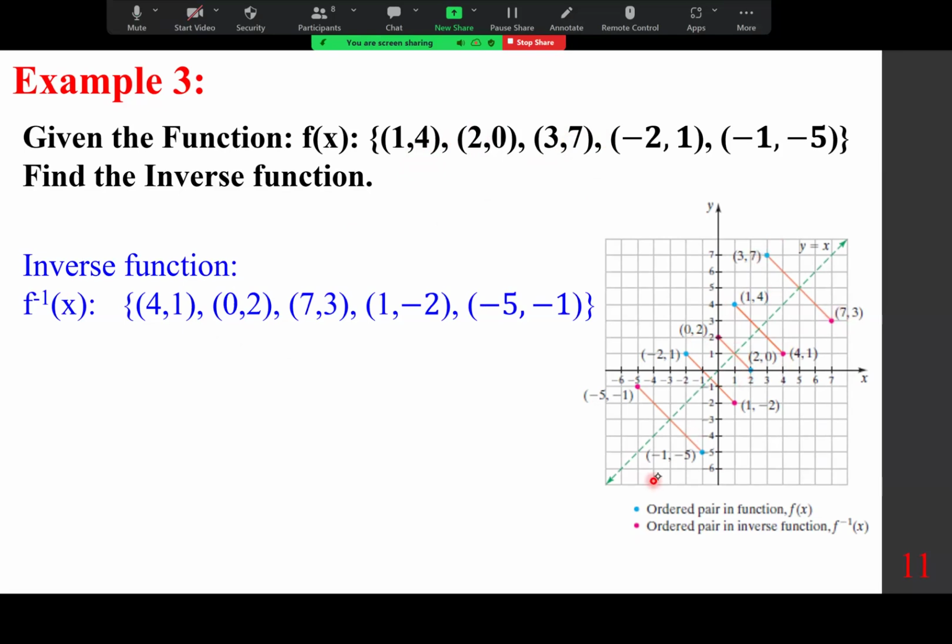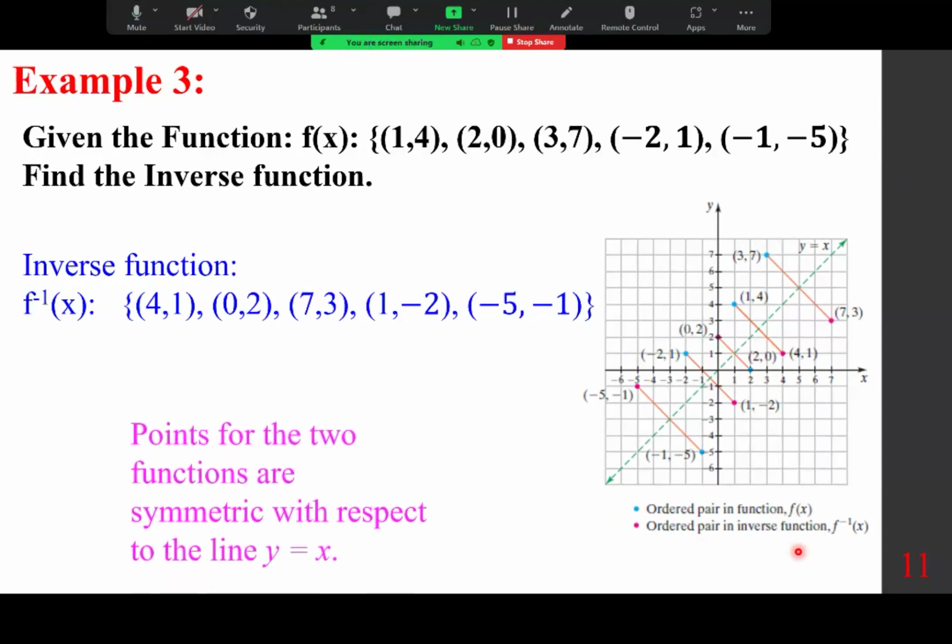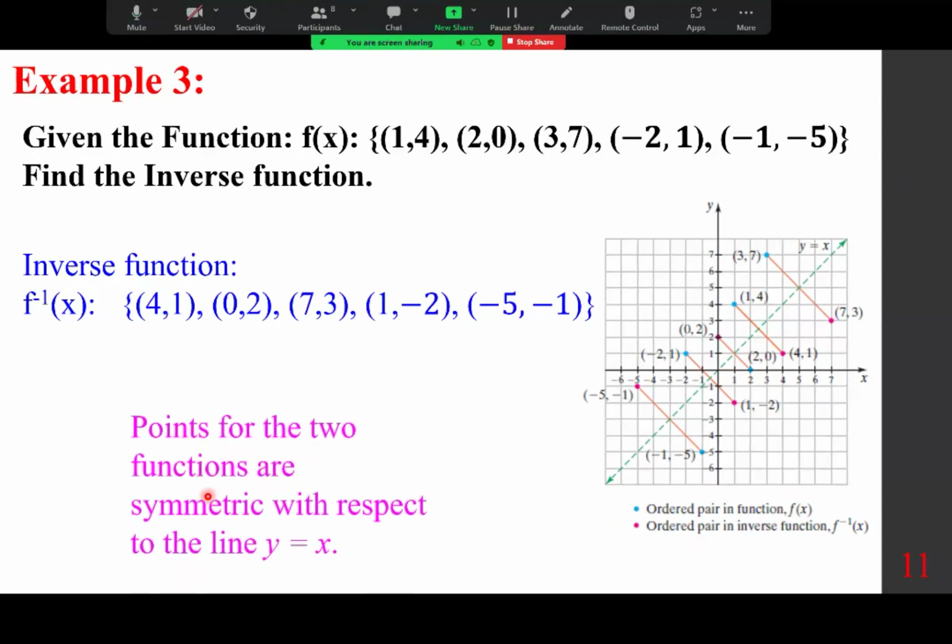And you do all of those pairs. You notice that the ordered pairs in function f of x are blue, and we are using red for f inverse. And you notice the points for the two functions are symmetric with respect to the line y equals x.